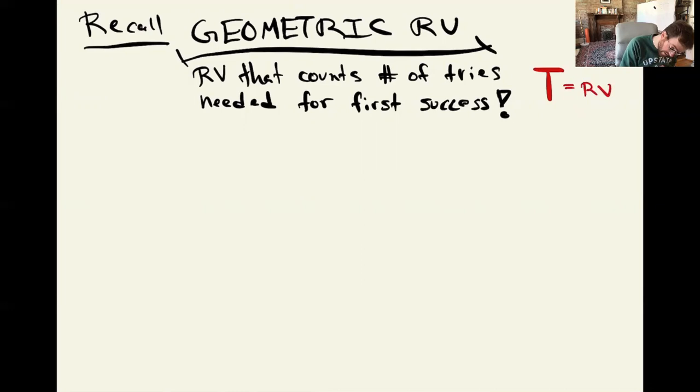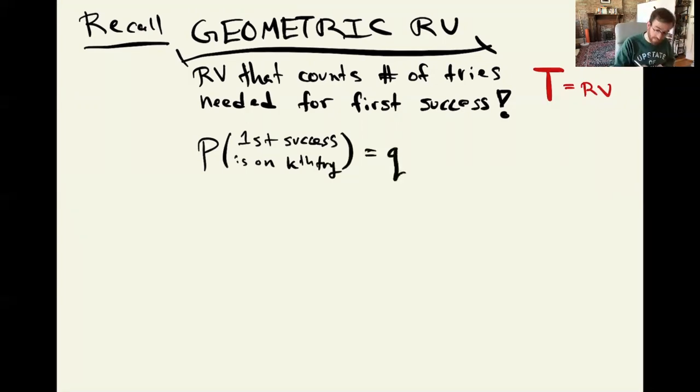And so here the probability that our first success is on the kth try equals, we had to fail k minus 1 times, and then on that last try you finally succeed, which happened with probability p. So alternative notation for this is sometimes probability that t equals k.